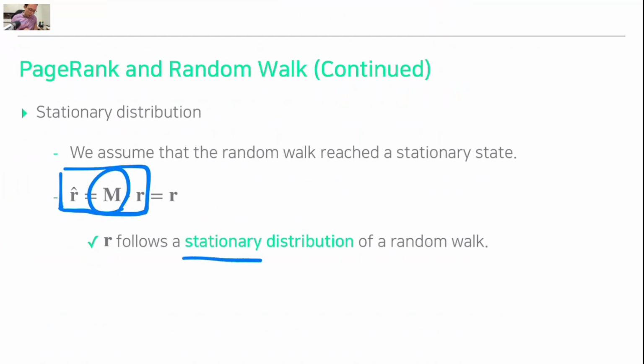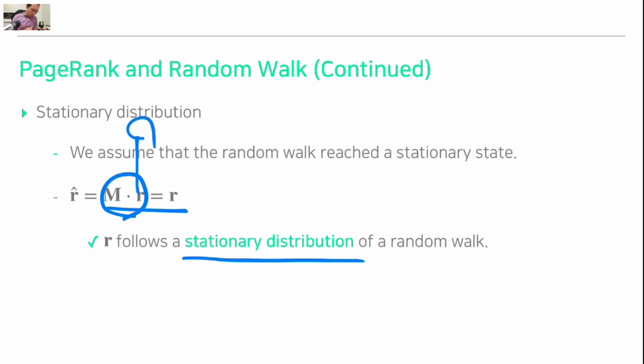So we would like to compute this. Notation-wise, we keep multiplying. We have some score, and even though we multiply the matrix M, we're still getting the same score.